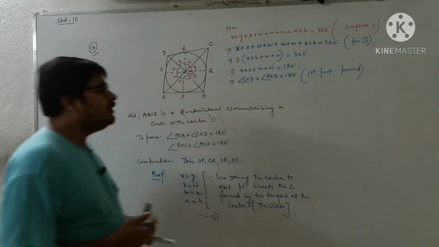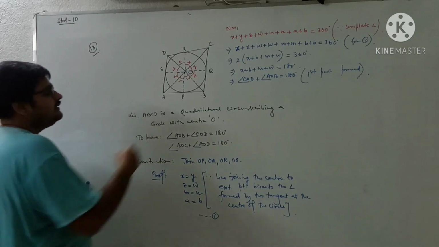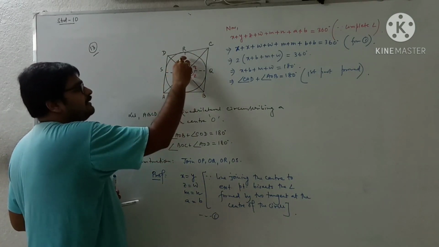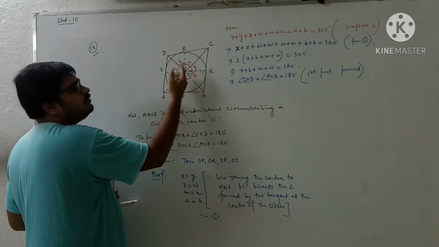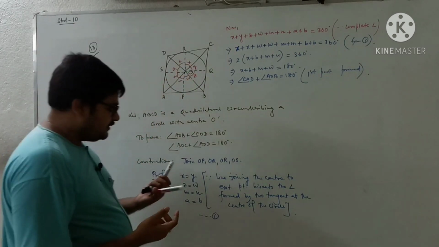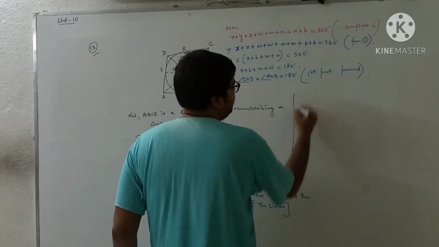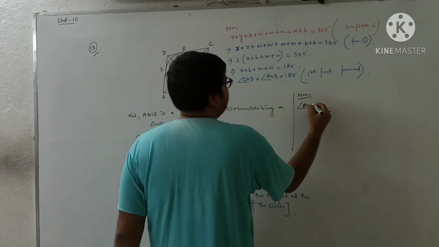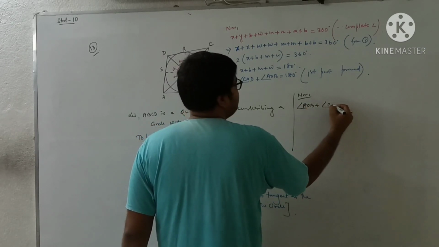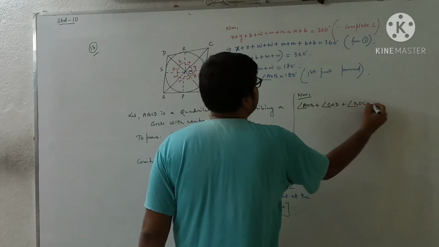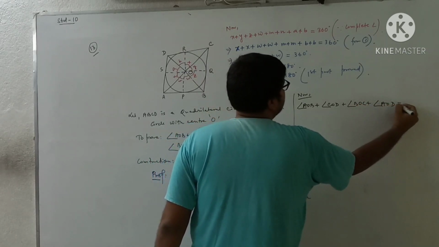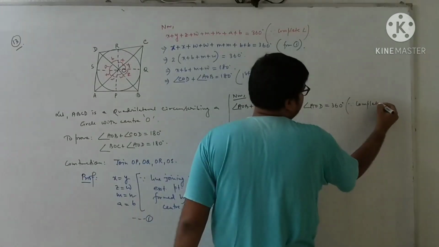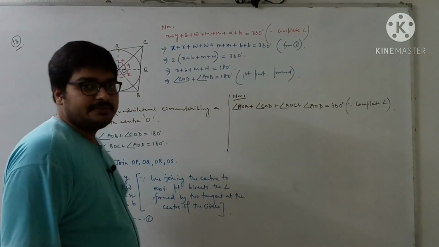Now for the second part we need not do so much work. See, this is a total of 360 degrees and this one plus this one we got 180 degrees. So if I subtract these two angles, the remaining two angles' total value will be equal to 180 degrees. So what will you write now? Angle AOB plus angle COD plus angle BOC plus angle AOD is equal to 360 degrees, since it is a complete angle. Correct?